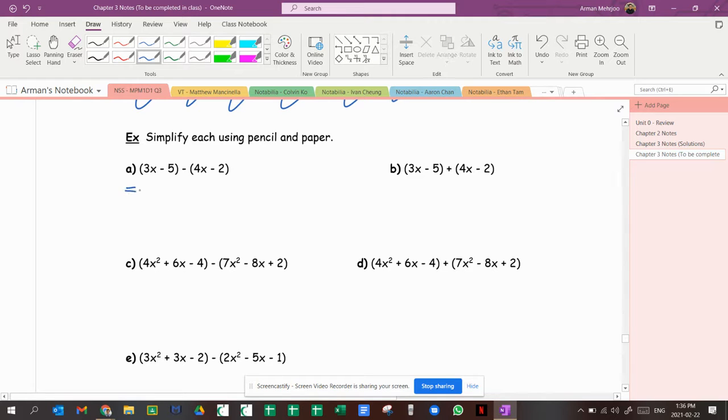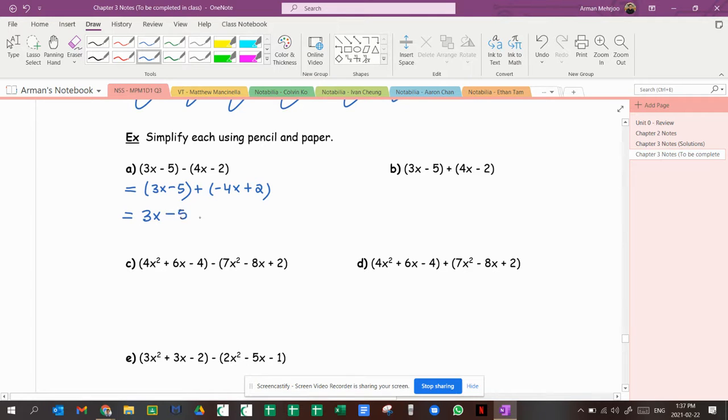So in this one, I'm going to keep my first bracketed term the same. I see that I have a negative sign in front of my second bracket, so I could either distribute it or I could add the opposite of each one of my terms. So instead of 4x, I put negative 4x. Instead of negative 2, I put positive 2.